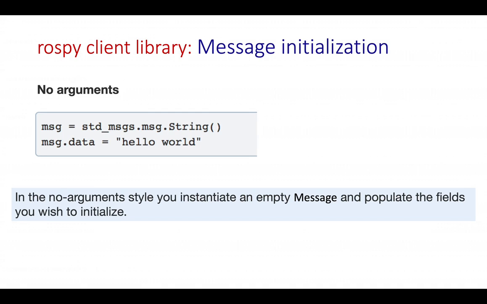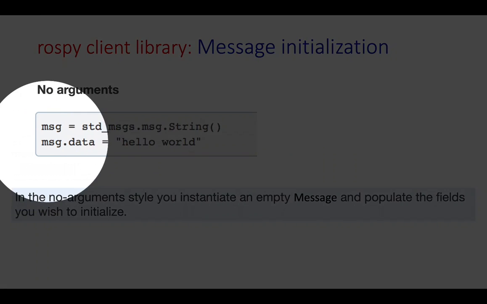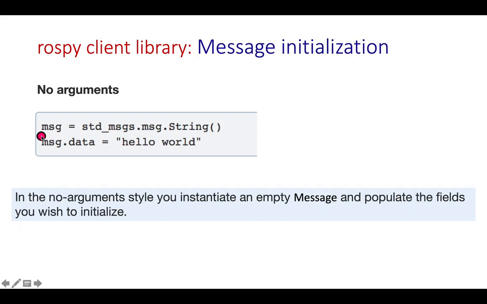The first way of adding data to a message is what is called the explicit way, or one with no arguments, and you'll see why it's called no arguments. It's very straightforward. You first create an empty message object. So message is of the type String. It's empty. And then we fill in the field within that data structure with our data.